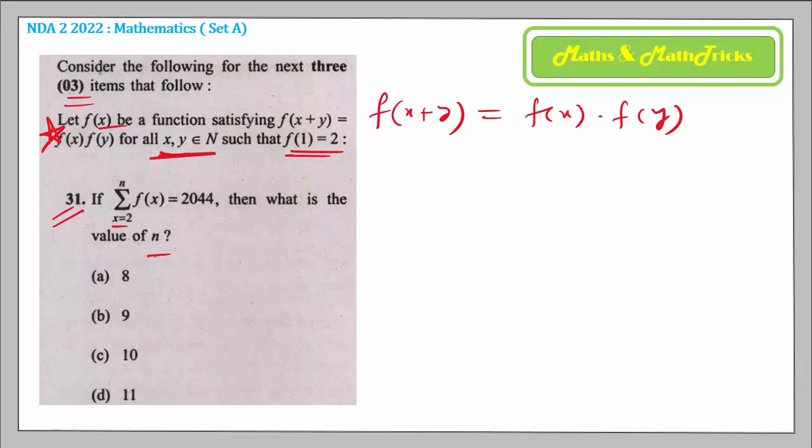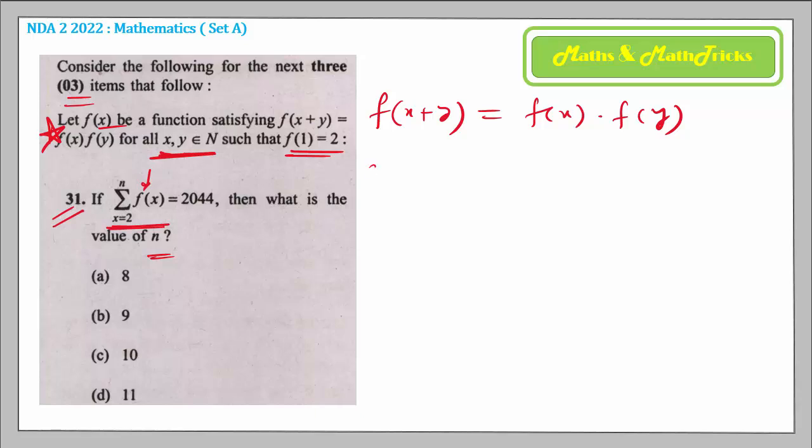Then what is the value of n? So you will take the sum of this f(x) for x equal to 2 to n as 2044 as a value, and then you evaluate what should be the value of n. But to calculate this, you should know how to write the values of f(1), f(2), f(3) and so on, because when you open this summation, you are getting in the LHS f(2), f(3) and so on, right?